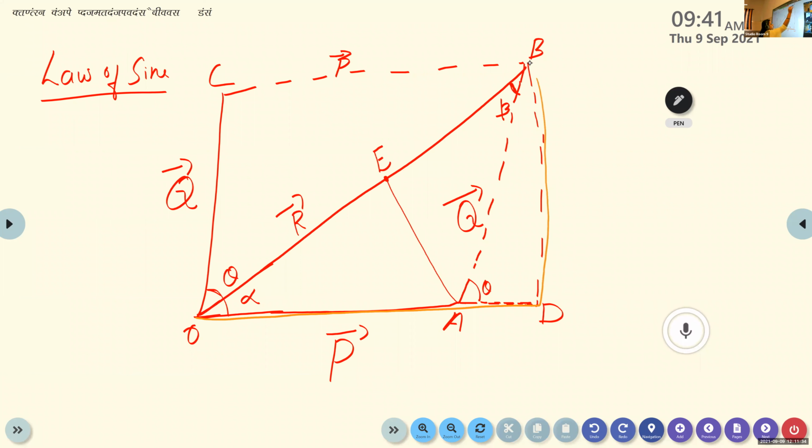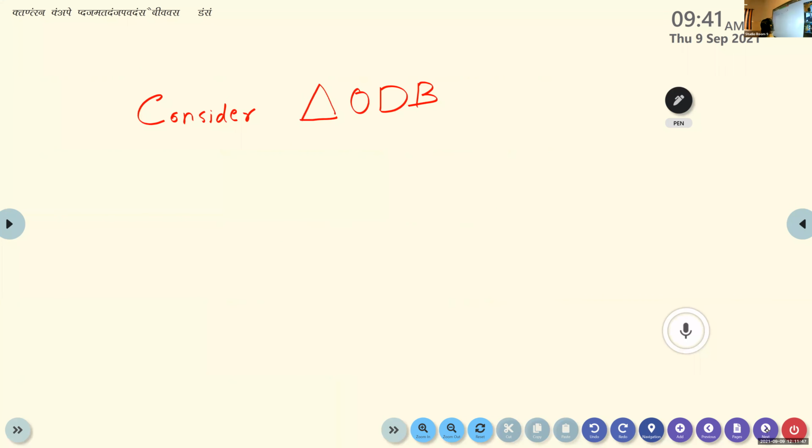From triangle ODB, what are we calculating? Which angle do we consider? Sine alpha. So from the triangle we find out sine alpha.